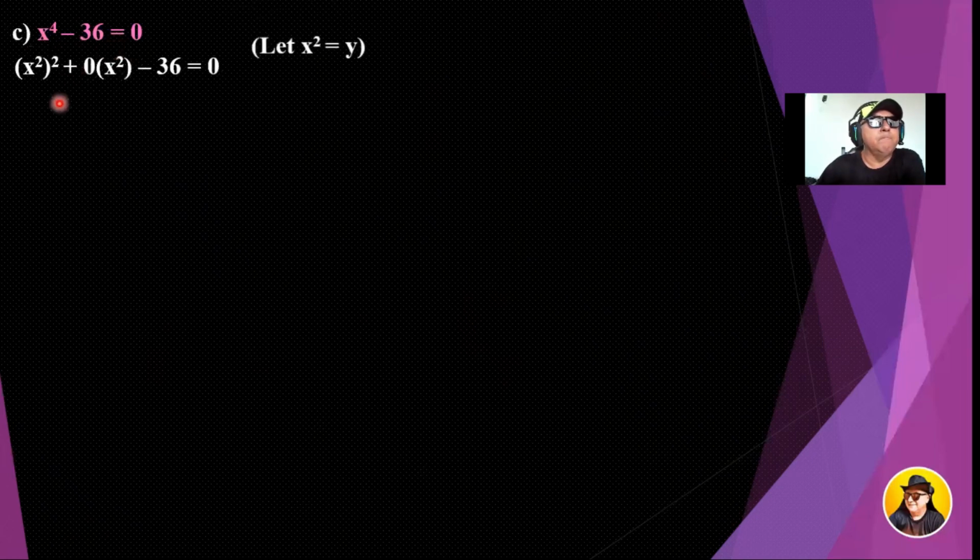And look. See, x to the fourth is the same as x squared, squared. This is the point all the time. Plus 0x squared. Remember, I realized it, and I'd like you very much to realize it. So 0x squared minus 36 equals 0.